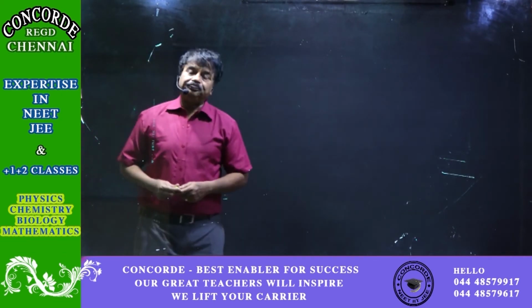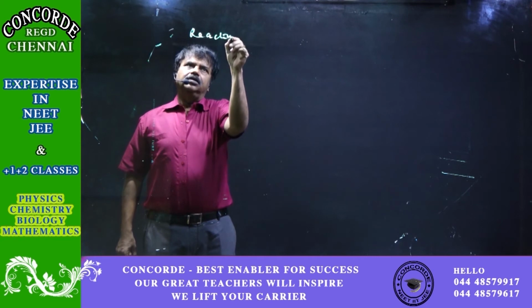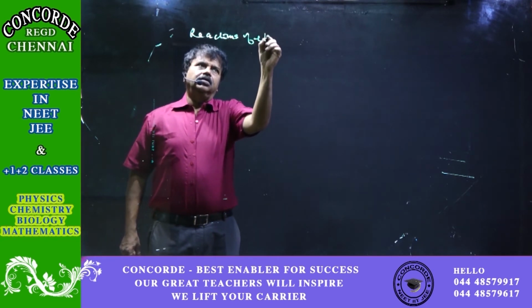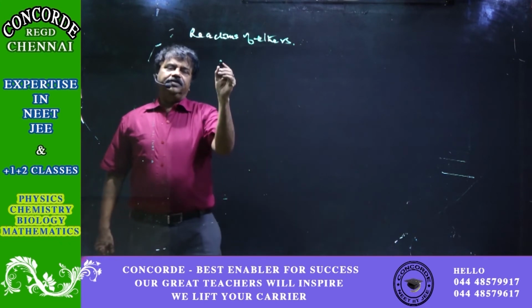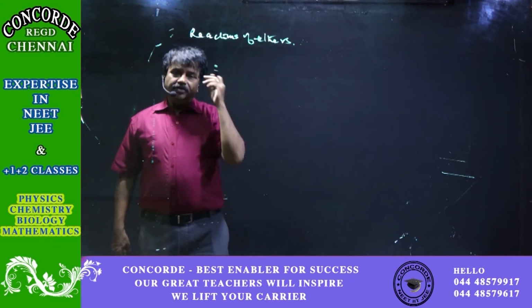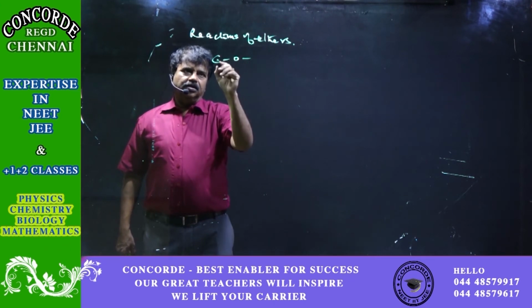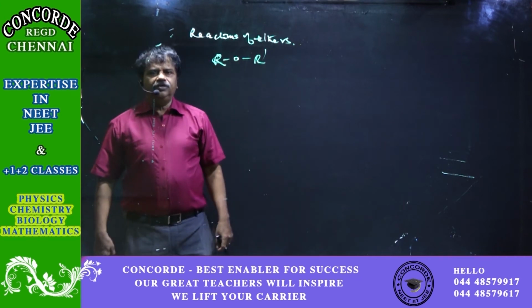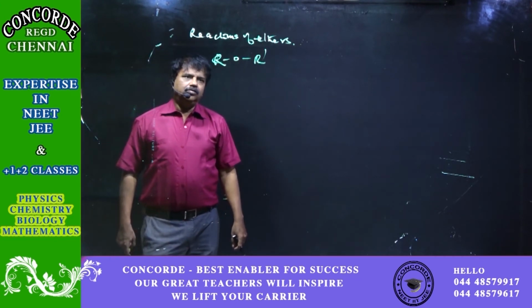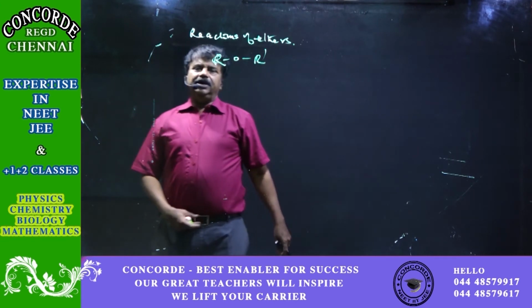Now let us see the reactions of ethers. Ethers, if at all they undergo any reaction, have to undergo cleavage of this C–O bond or that C–O bond. So this cannot happen that easily.